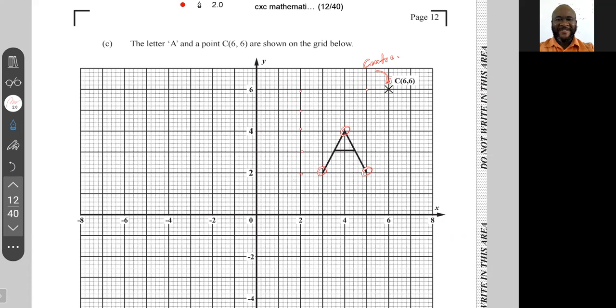This is going to be the new top of the letter A. Remember, I'm enlarging the letter A by a scale factor of 2, and the center of the enlargement is 6, 6. Now, what did I do? I'm using the fact that whatever is the distance from the center to the object, to get to the image, with a scale factor of 2, I must double the distance.